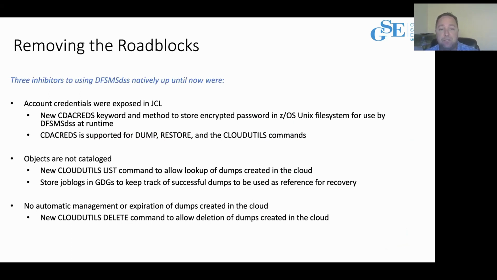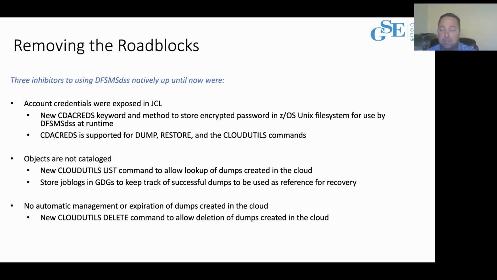In the initial TCT support, there were really a few inhibitors to using DSS natively. And along with the dump full and restore full support, we've delivered support to remove those inhibitors. So the first challenge was that the password or credentials used to authenticate with the DS8000's HMC were in our JCL.